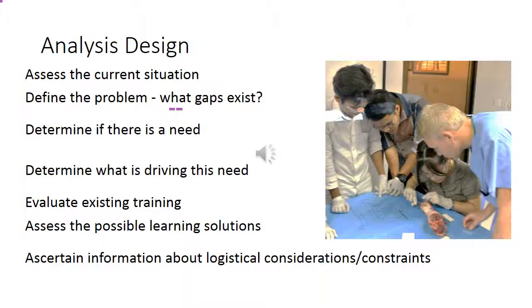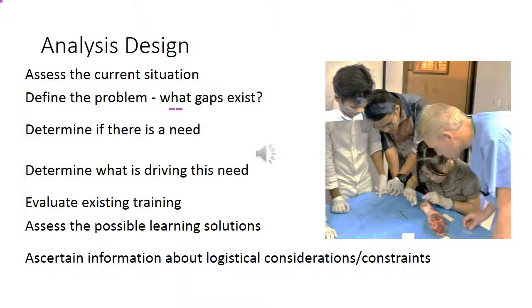When analyzing the needs, one has to assess the current situation in which the individual is, and to define the problem and whether there's a performance gap. Once this is determined, then we can set specific targets to improve with the mobile learning strategy.